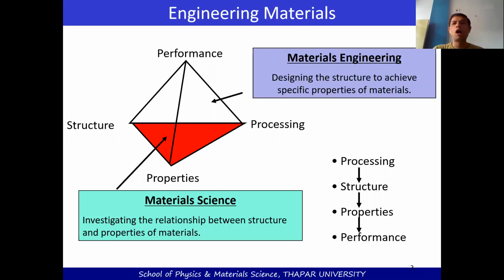So how the structure affects the property, or how the property can be achieved by modifying the structure. If you are studying the relationship between structure and property, the science that you are dealing with is called materials science. While in materials engineering, you are designing the structure to achieve specific properties of the material. So we will learn ways and means of modifying the structure so that I can also modify the properties.